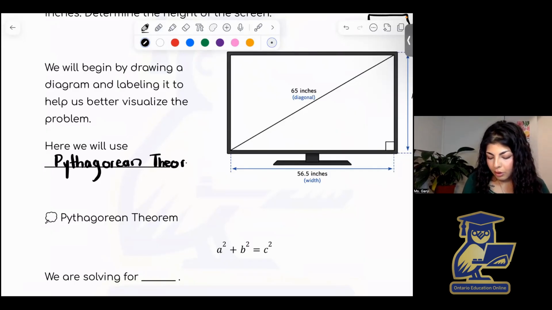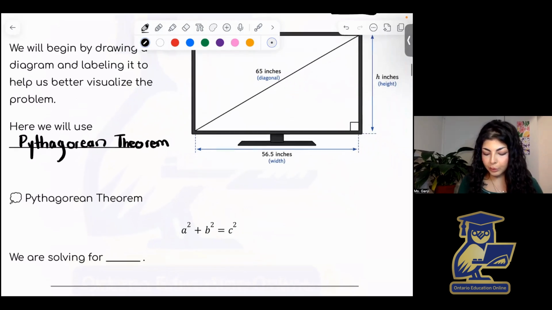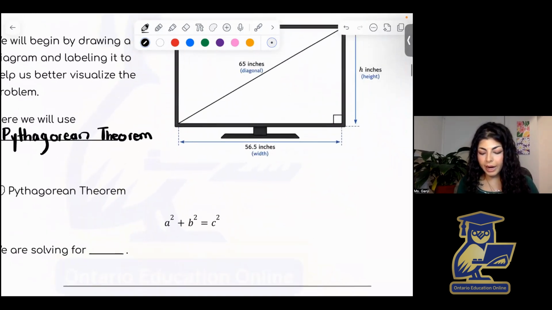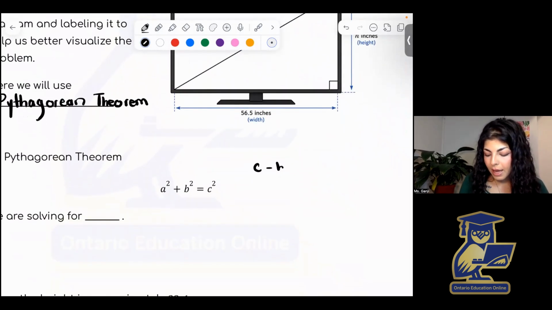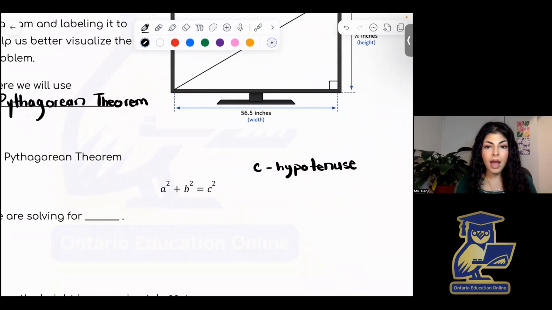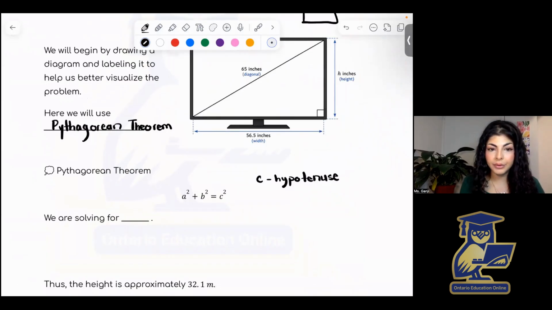And recall that the Pythagorean theorem is going to be a squared plus b squared equals c squared, where c is the hypotenuse, or the diagonal, or the longest side, or the side opposite to the 90-degree angle.